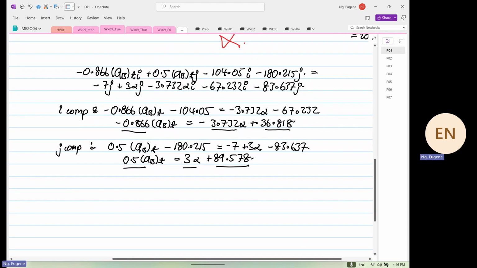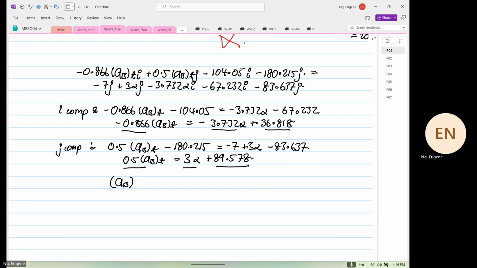Okay. So we know that ABT is equal to 6 alpha plus 89.578 divided by 0.5, which is equal to 179.156.